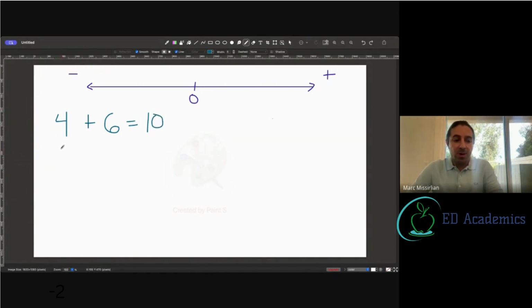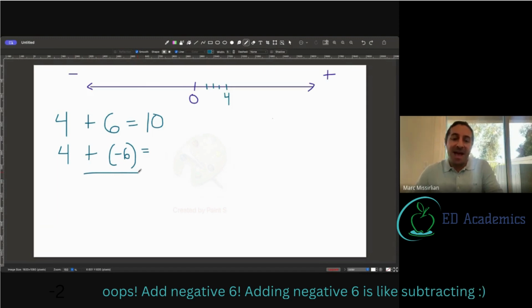Well, what about 4 plus negative 6? Negative 6 is an integer, just like 4 and 6. Again, we find our number 4 on the number line. 1, 2, 3, 4. And now we want to add negative 6. Adding negative 6 is like subtracting 6. It's takeaway. You're adding something that's negative.